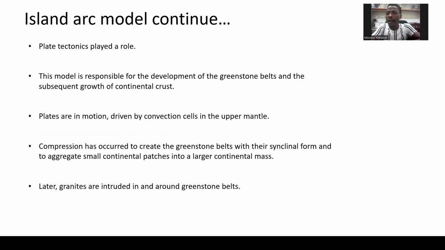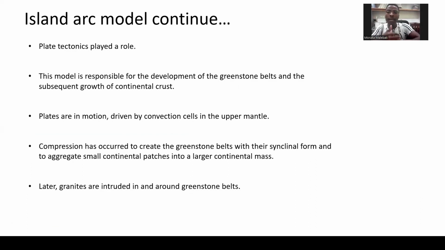So in the island arc model, plate tectonics played a major role because of the effect of convection cells pushing these things together. All right, this model is responsible for the development of the greenstone belts, but not only the greenstone belts, but also the formation of microcontinents.